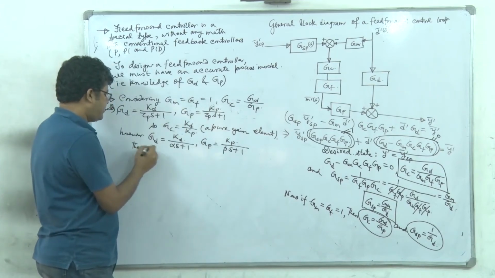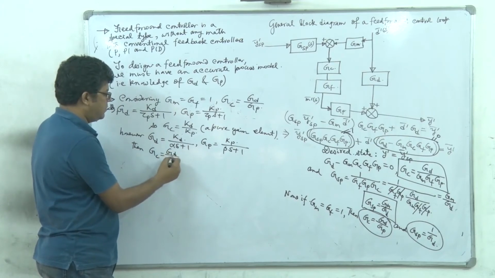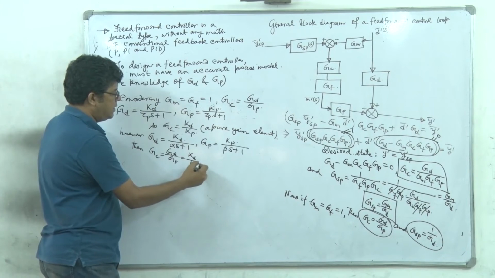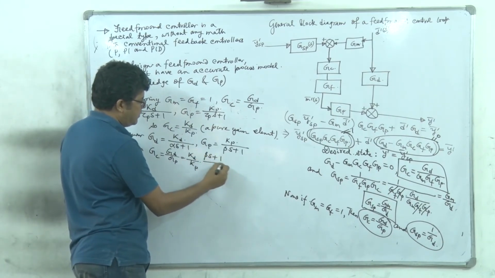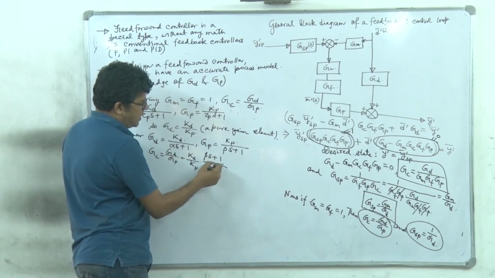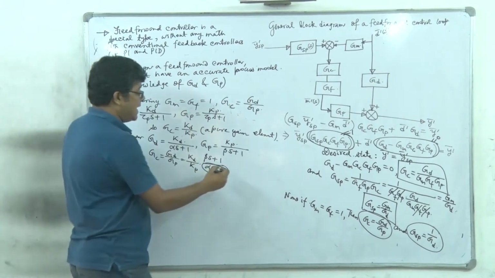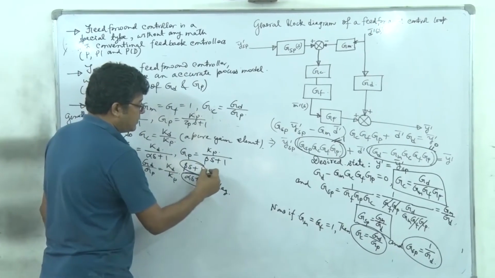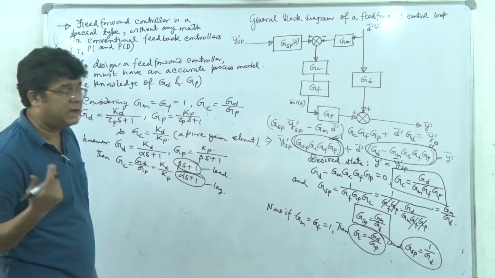Then GC, which is GD by GP, is KD divided by KP, beta S plus 1 divided by alpha S plus 1. So you see, this element 1 divided by alpha S plus 1 is typically the lag element, right? And beta S plus 1 in the numerator is a lead element, which has a very close similarity with the PD controller.